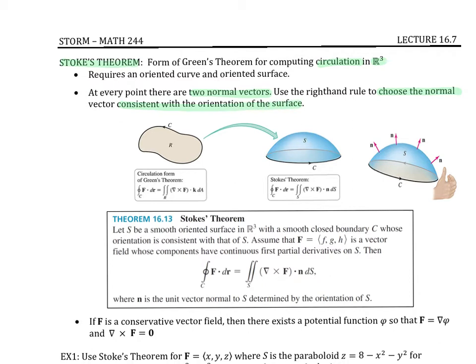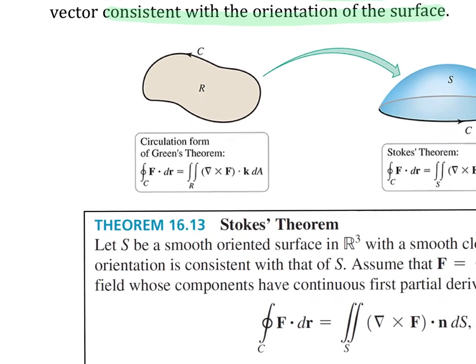First, what I'd like to do is show you where our circulation formula comes from. Going back to our region in two-dimensional space, we have a curve that defines, and here our curve is oriented, that's going to define some region.